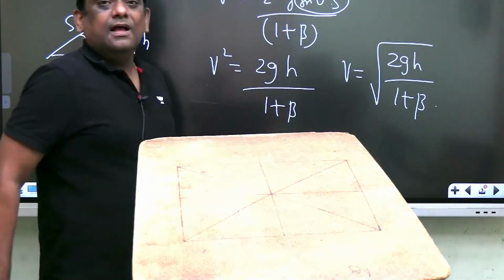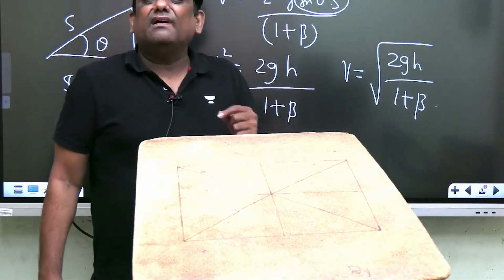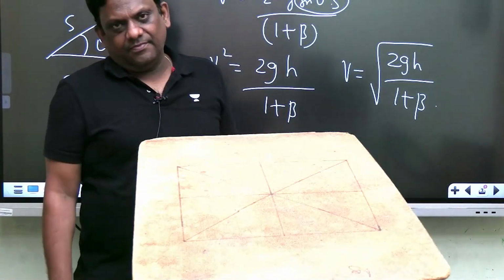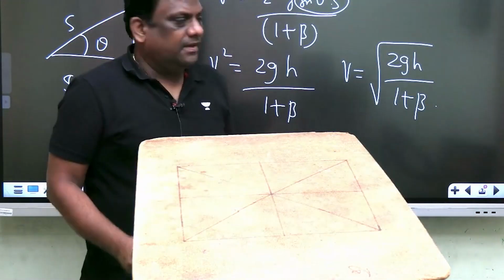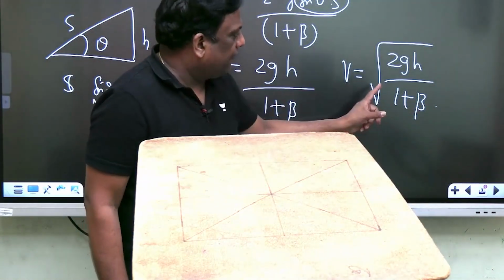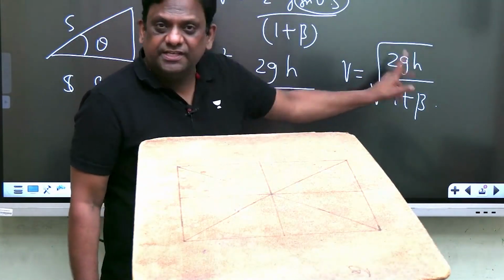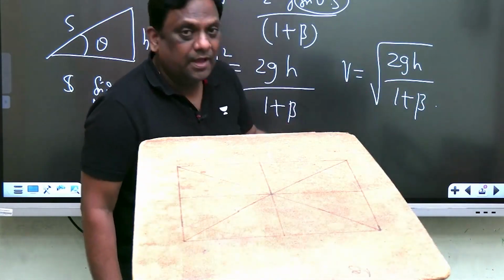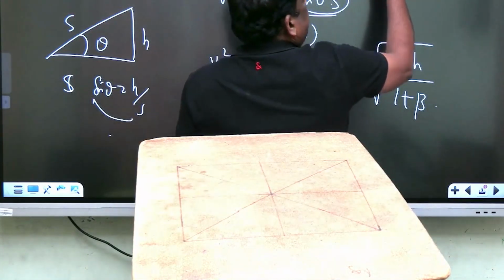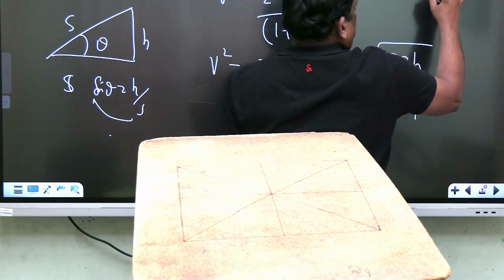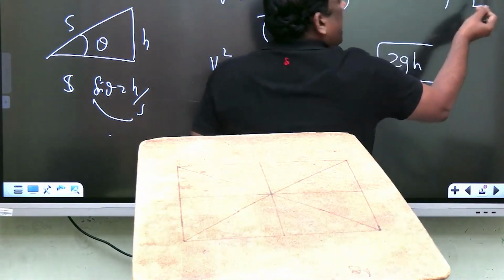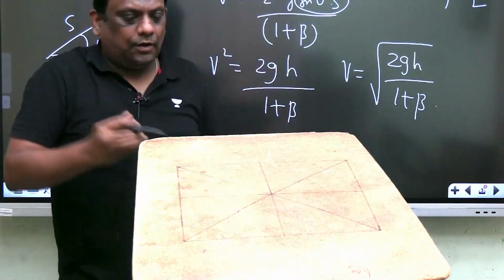What does this mean? Let us take a hollow cylinder. Beta will be 1, so if this is 1, it will be root gh, because 1 plus 1 is 2, and 2 by 2 is 1. And for a disc or cylinder, beta is half. If a cylinder or disc is rolling down, beta is half.